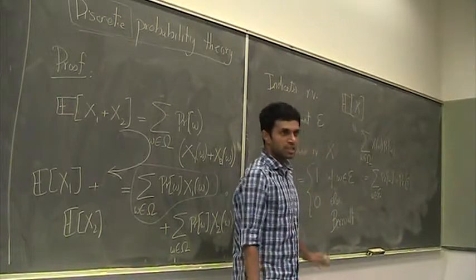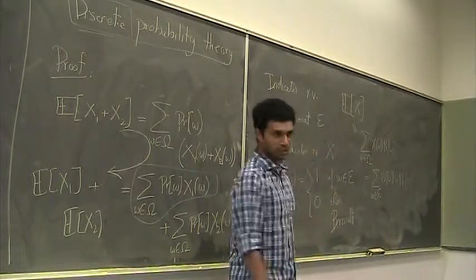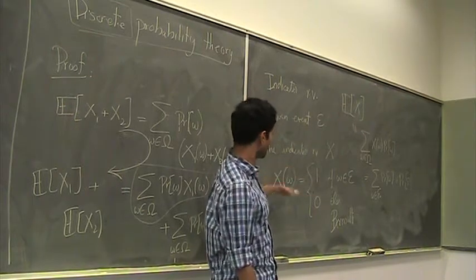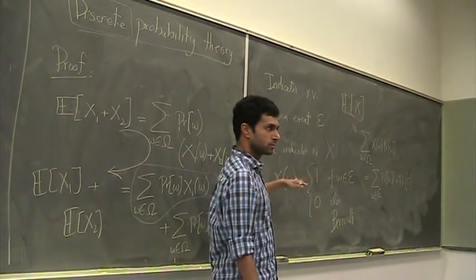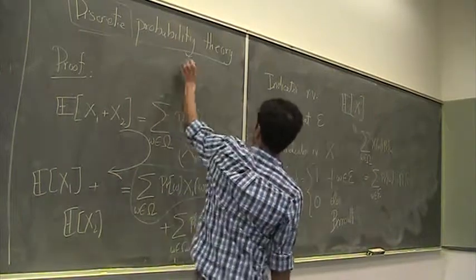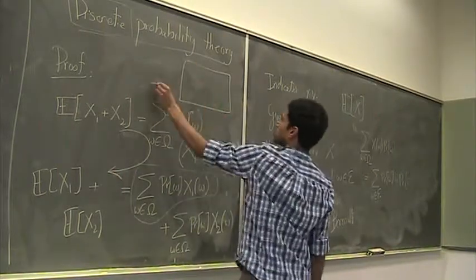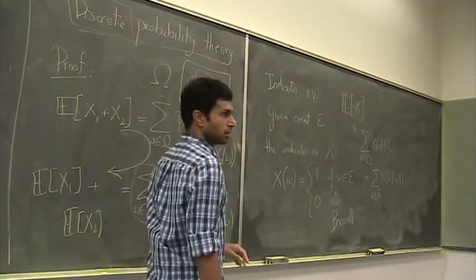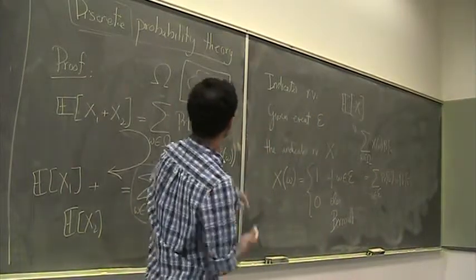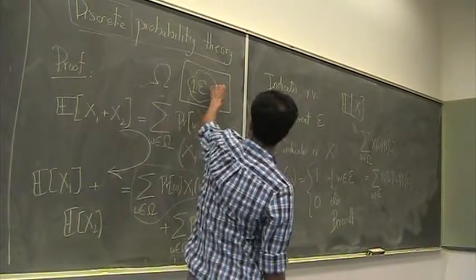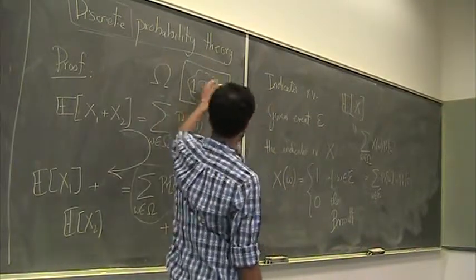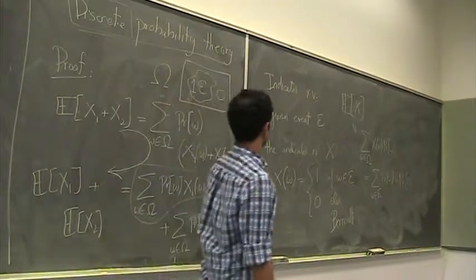But we don't need to get more into the behavior of Bernoulli's. But this is actually very, very useful in the analysis of randomized algorithms, to try to write things in terms of indicators. Right? And so going back to our picture over here, if this was your set of outcomes, this is the event, then the random variable x is basically 1 here and 0 everywhere else, and the expected value of x is just the probability of what is in here.